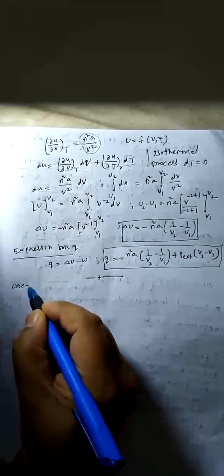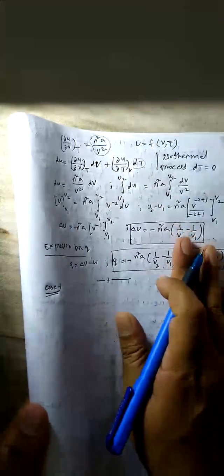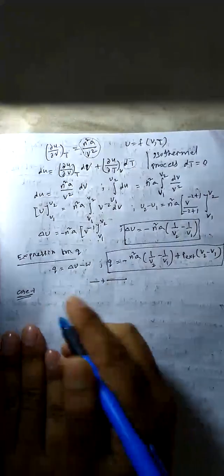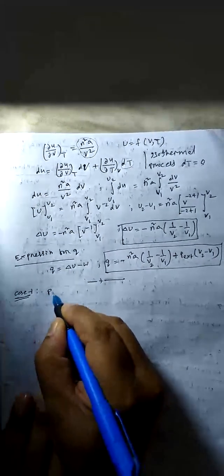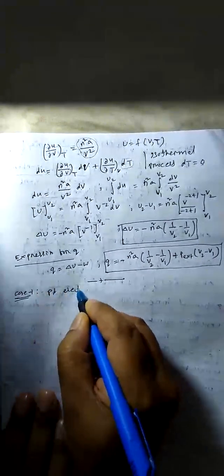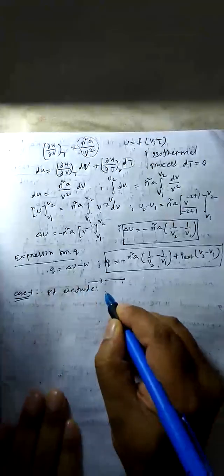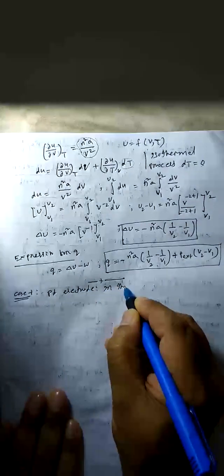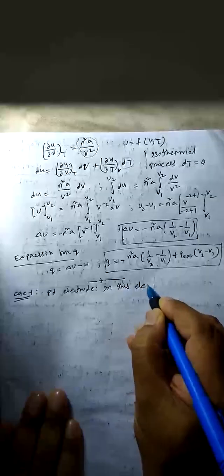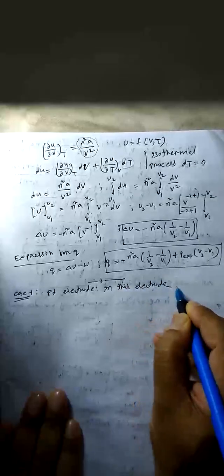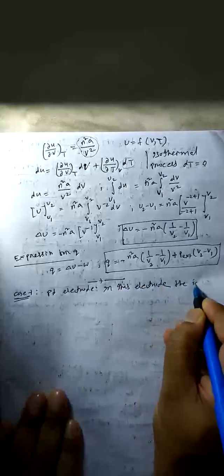Case 1 means we use the platinum electrode. In this electrode, the ions are not attacked.